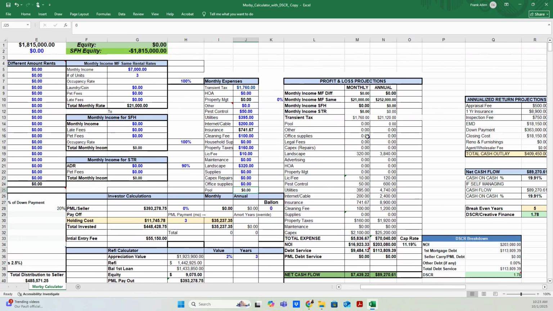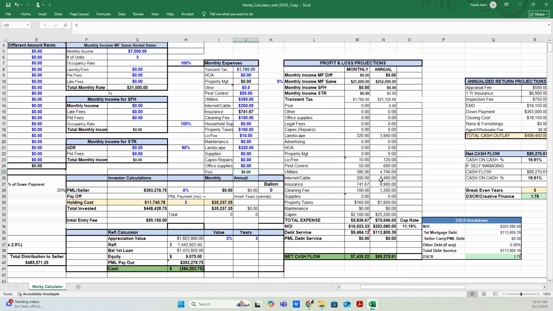If you buy a property and you have a pool, there are expenses for that. So there's the transient tax, there's the landscape. Going down, you'll see the cleaning fees were added in, which he doesn't even know about. But like I said, it's $1,200 a year. He's got plenty of cash flow to cover that.